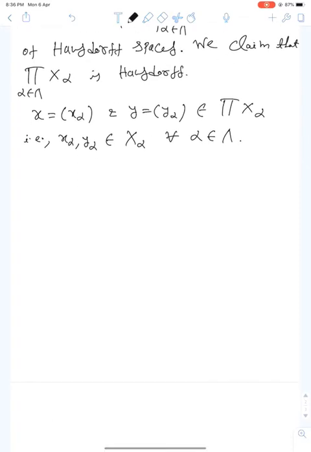Now since x is not equal to y, that means there exists an index beta such that x beta is not equal to y beta. So there exists beta belongs to lambda such that x beta is not equal to y beta. Right? Now it is given that each X alpha is Hausdorff, right?